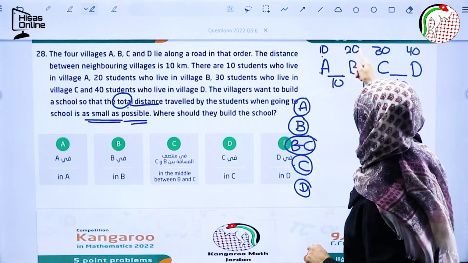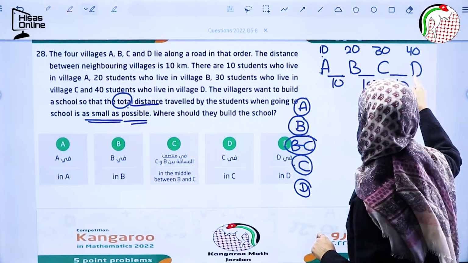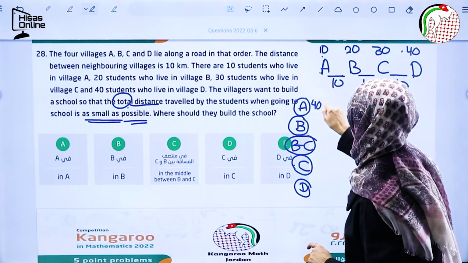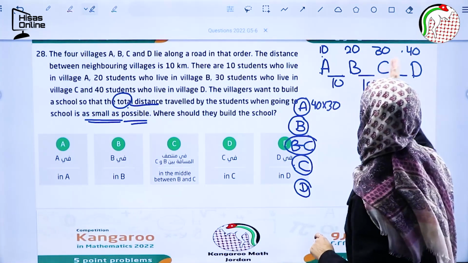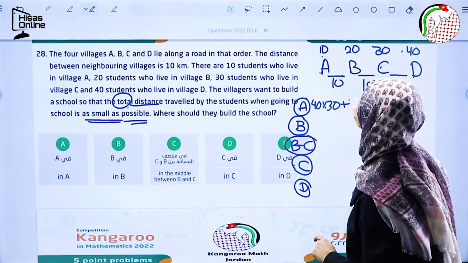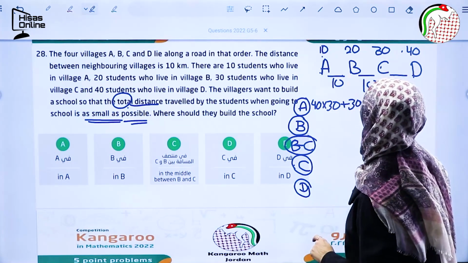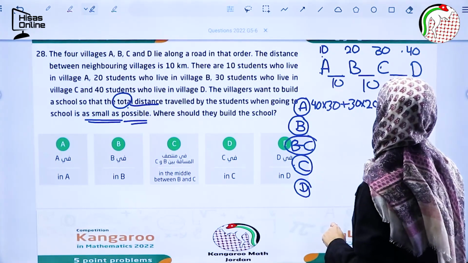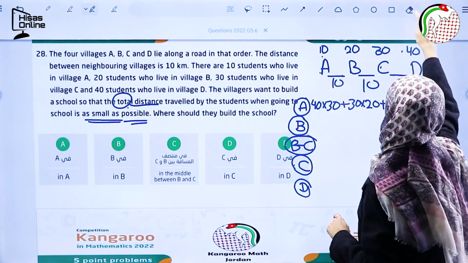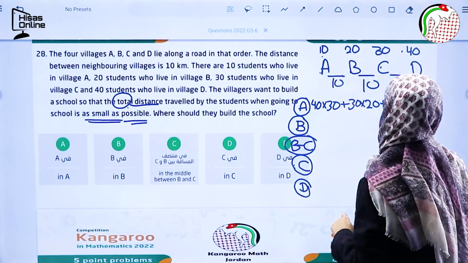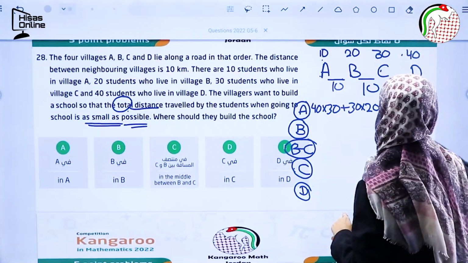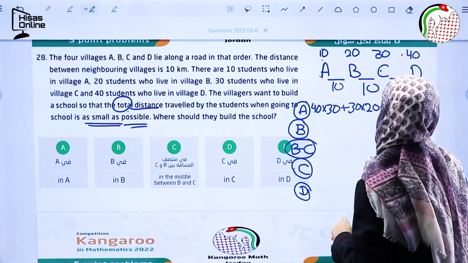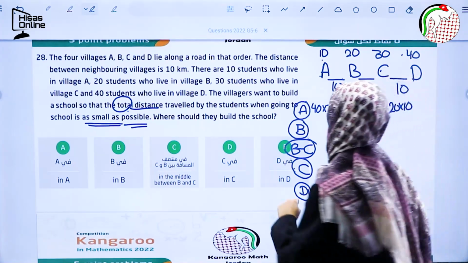So in A it will be 40 students moving 30, so it's 40 times 30, then 30 times 20, then 20 times 10, times 10.